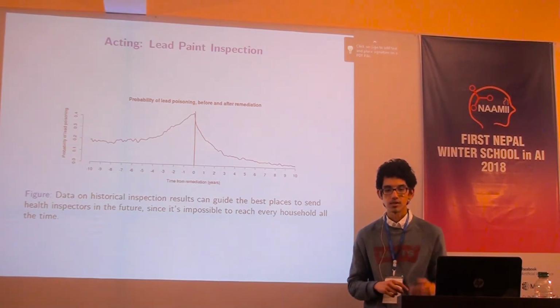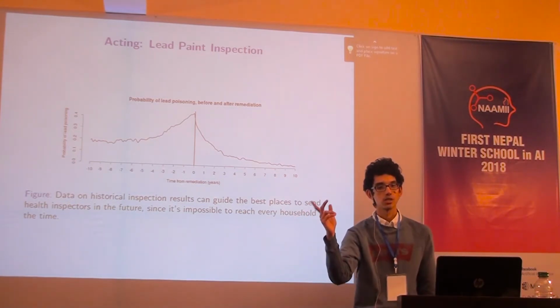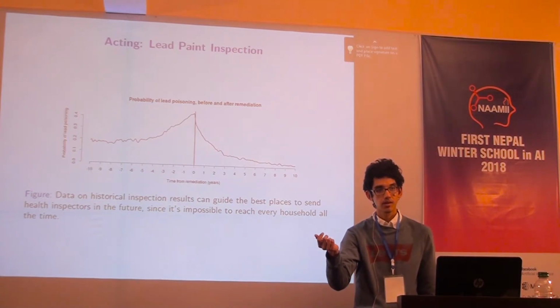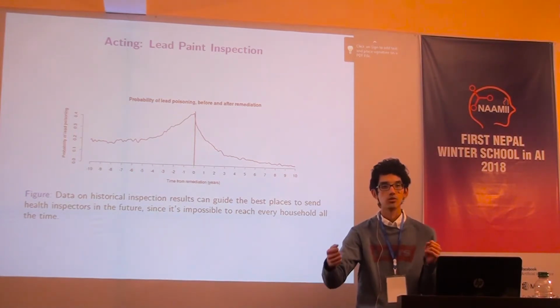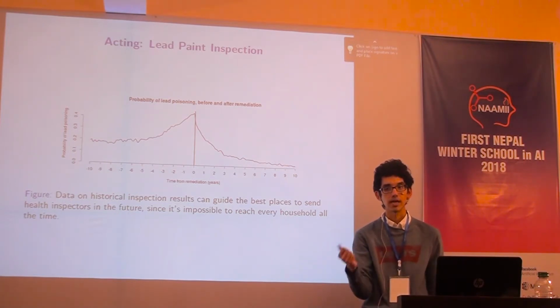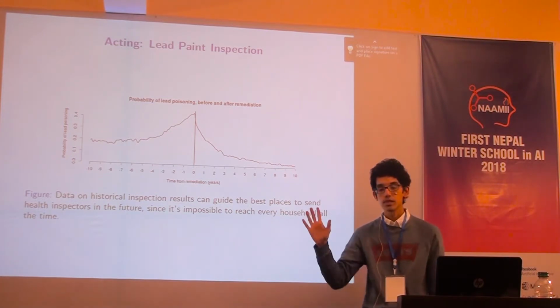What the figure is basically saying is that when you change your allocation of the inspectors in a way that's driven by historical data, you can reduce the actual number of lead cases. Basically, the inspectors are inspecting homes which actually have lead and not those which don't, right? This is tricky business.